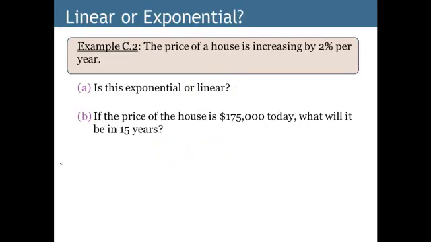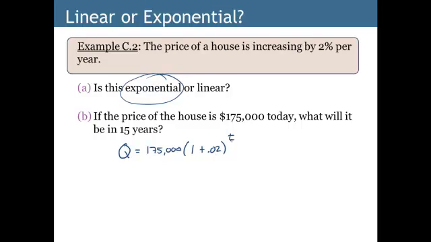How about this? The price of a house is increasing by 2% per year. If you ever see a percent, you should think exponential. The price is $175,000 today. What will it be in 15 years? So exponential: 1 plus 0.02 to the t.